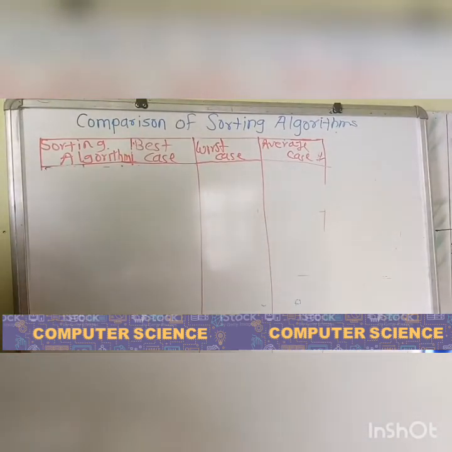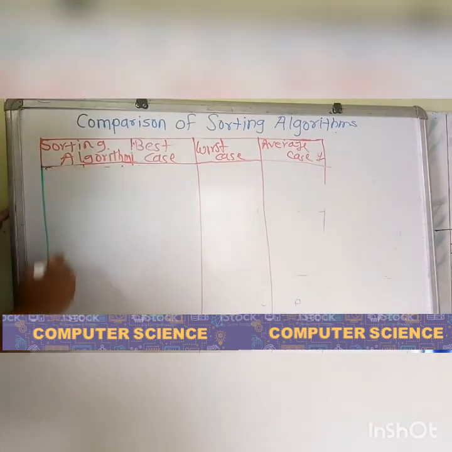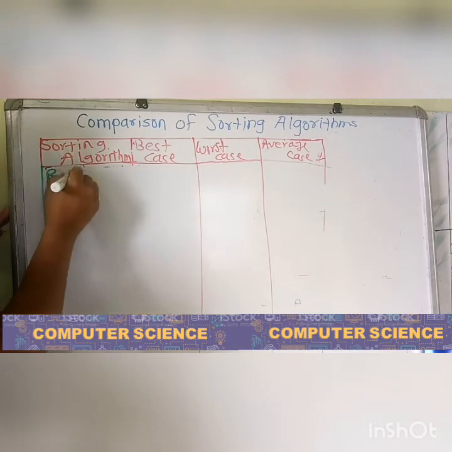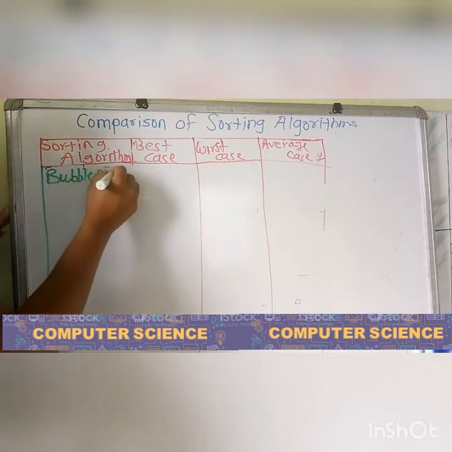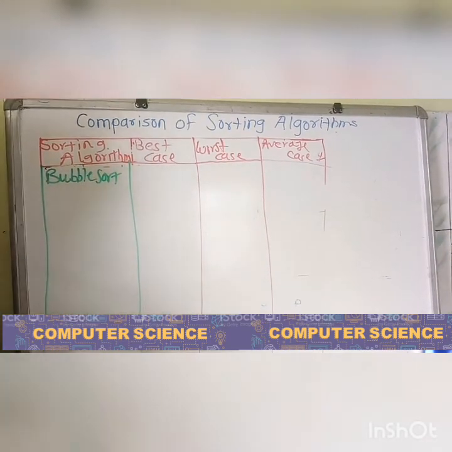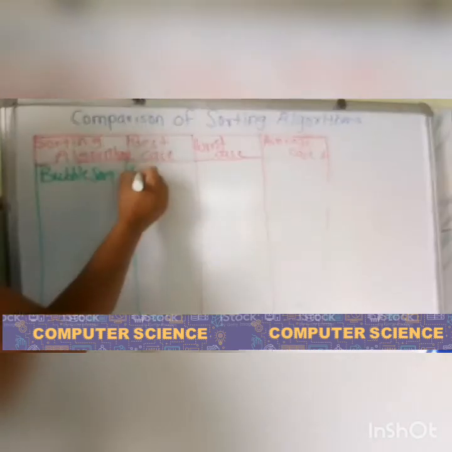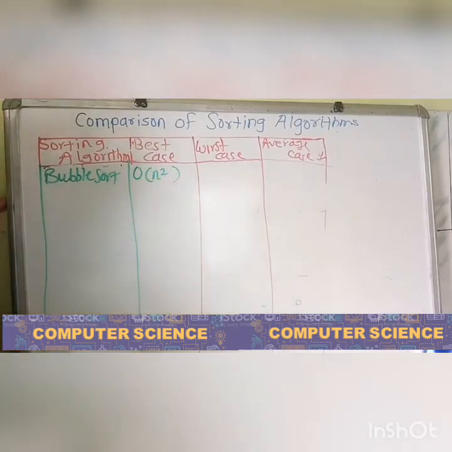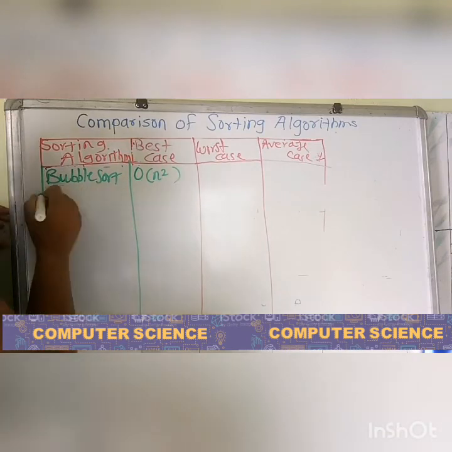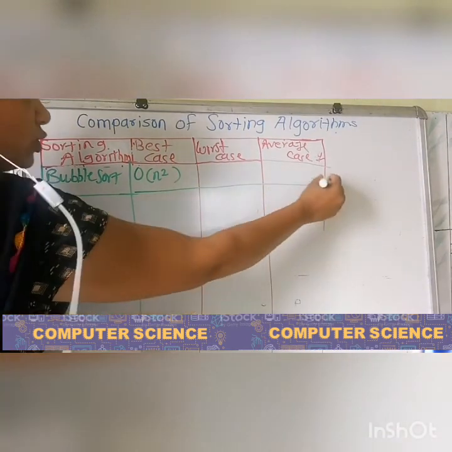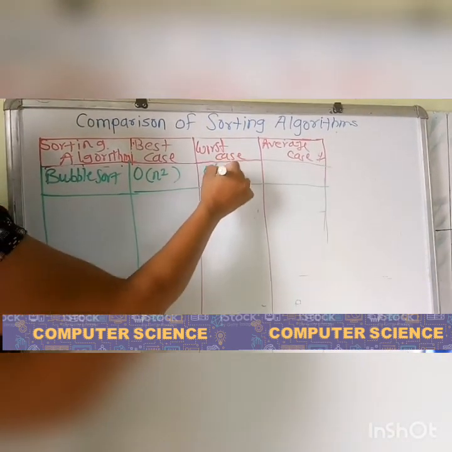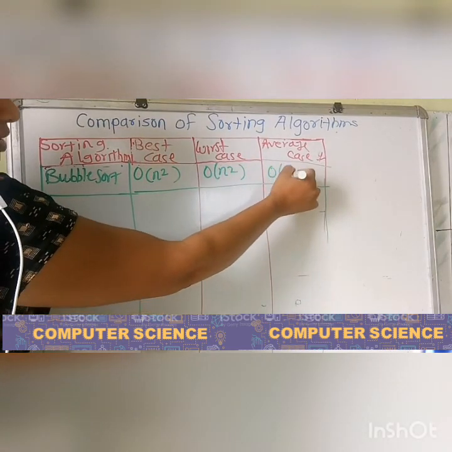Now first is the bubble sort algorithm. For the bubble sort algorithm, the base case, as we had seen earlier, is big O of n square, and it is a simple sorting technique, so it will require the same number of comparisons.